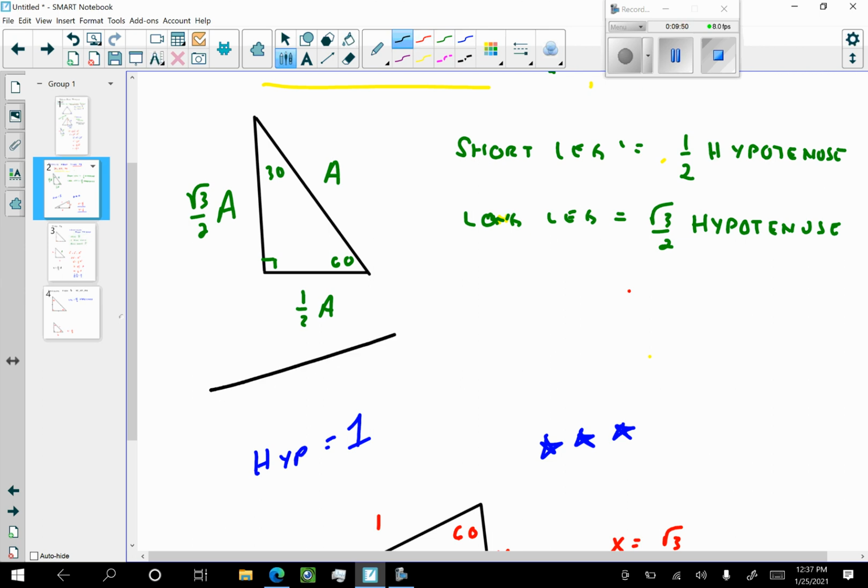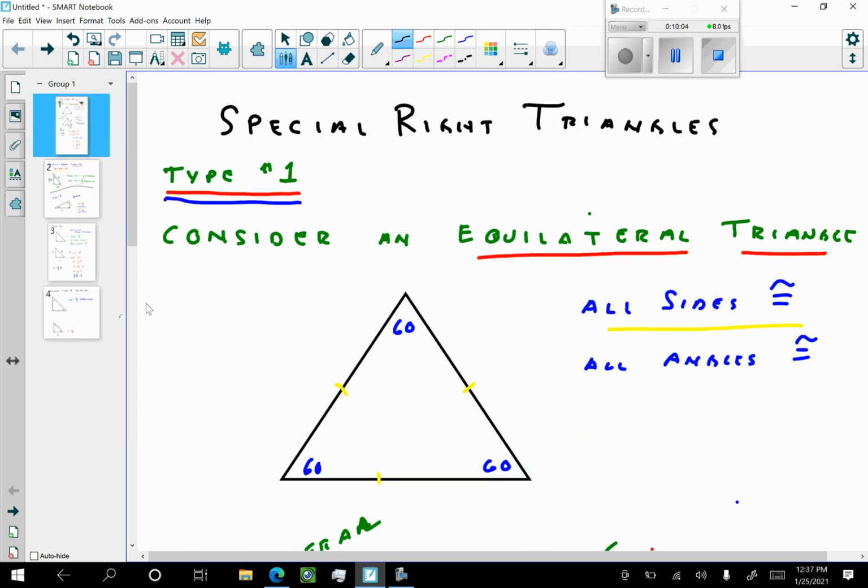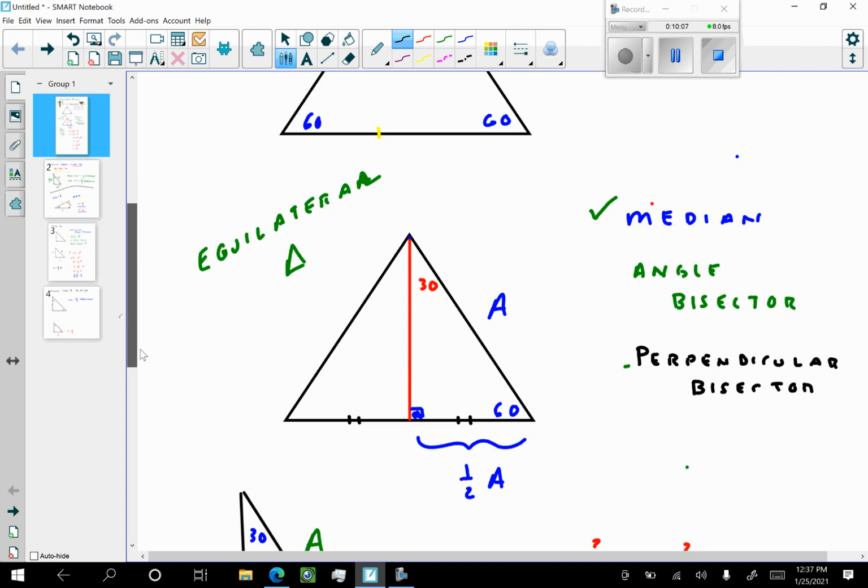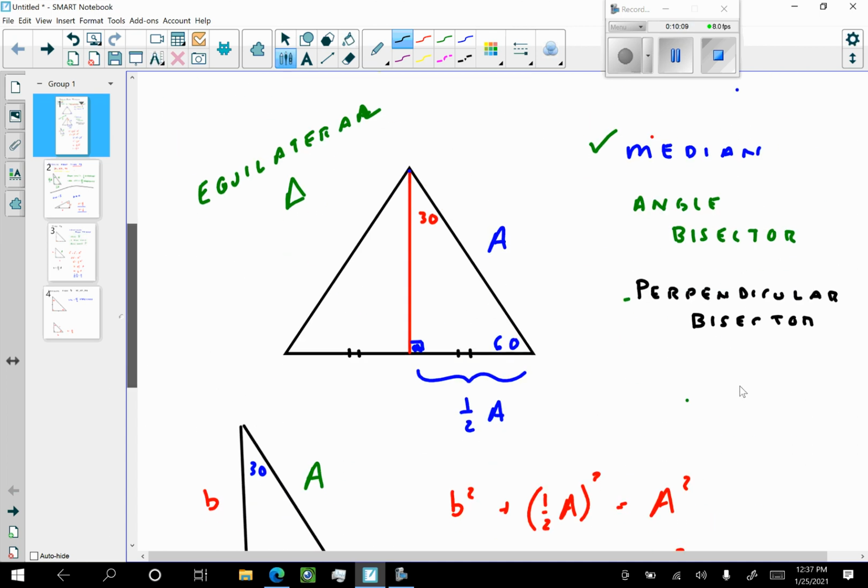Okay. Where did that come from? Keep in mind, anytime you want to pause the video, just pause the video. Don't forget, this came from the fact that a 30, 60, 90 is 1/2 of an equilateral triangle.